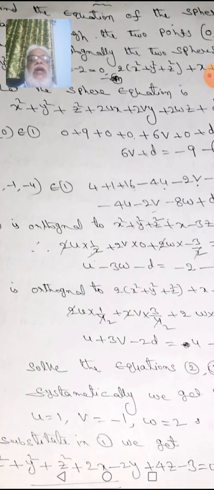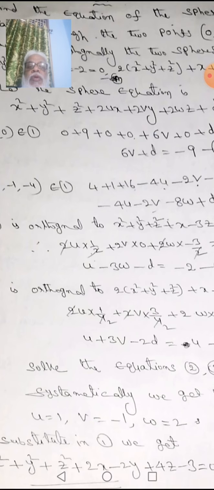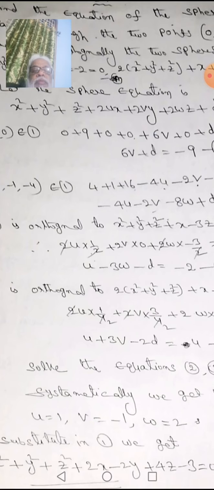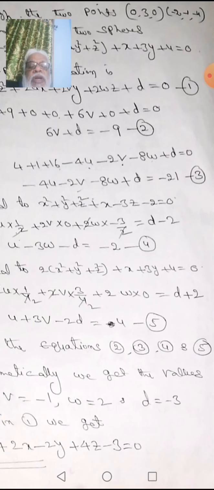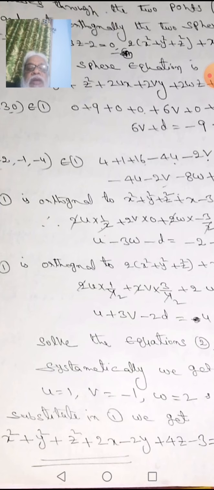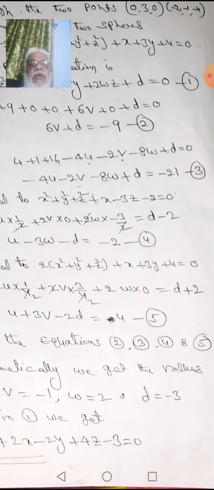What is the condition for orthogonality? 2u1u2 plus 2v1v2 plus 2w1w2 is equal to d1 plus d2. According to that formula, we just substitute the values: 2u into 1 by 4 plus 2v into 3 by 4 plus 2w into 0 is equal to d plus 2.